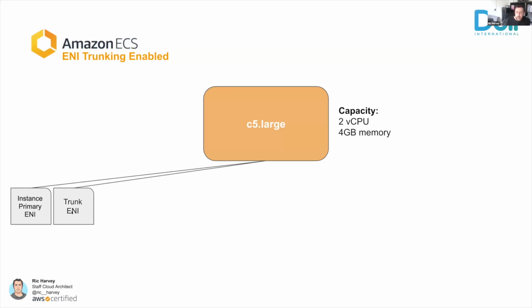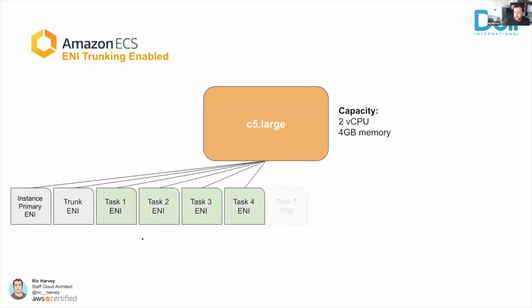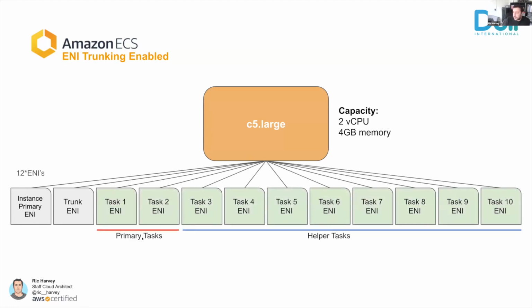I've got a trunk network interface, and then I've got my primary network interface, the one that all my Docker pulls are going to come through and my communication from ECS to the instance. When I SSH in, it will happen through this primary interface. The trunk ENI is basically there to set up other elastic network interfaces. And off that, you can have another 10 tasks running.